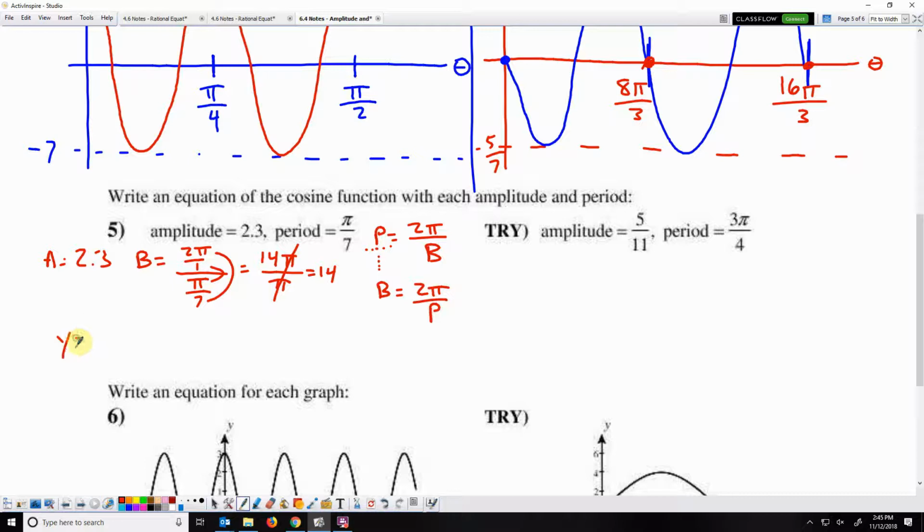So y equals, and it's going to be in the form y equals a cosine b theta. So y equals 2.3 cosine 14 theta. Now this does not actually tell me whether it should be starting at the bottom and going up, or starting at the top and going down.